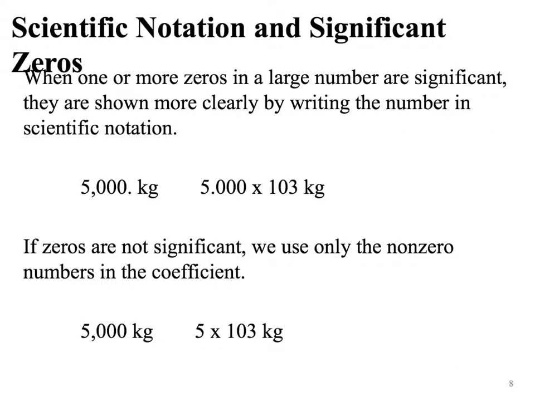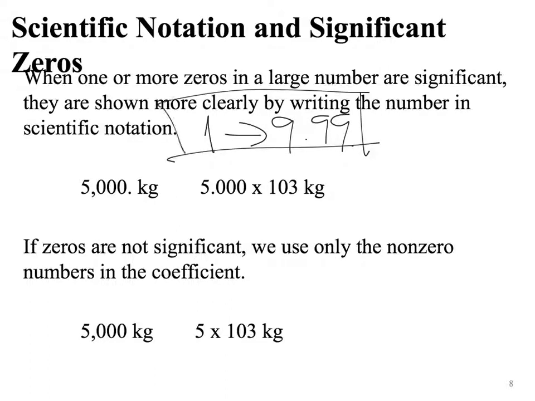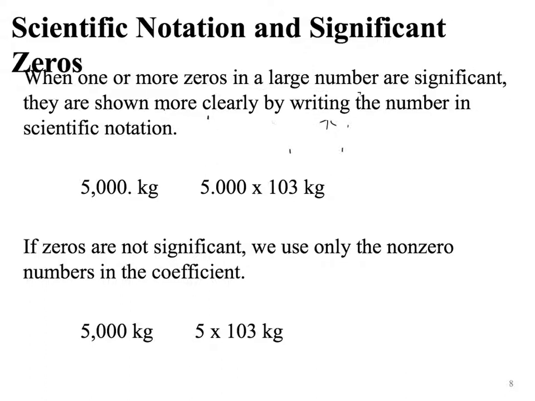When we're doing scientific notation, remember we mentioned before that we had to have a coefficient that goes between 1 and 9.9999. So what we have to do is in this coefficient, we are going to include all the significant figures. So for example, let's take a look at this. This number over here, we have the decimal place right there.